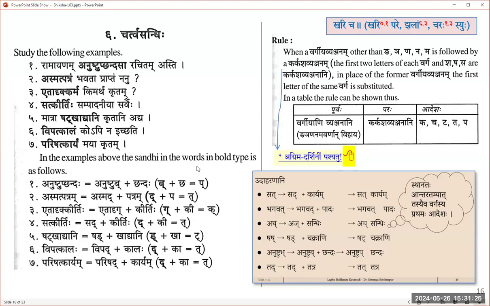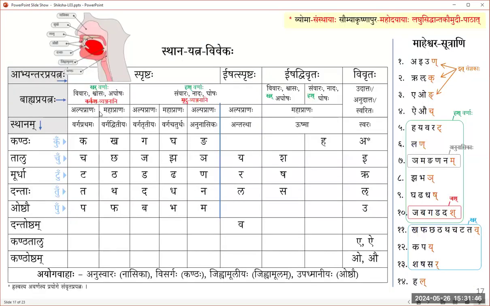In the examples above, in all the sandhi we have seen, everywhere the jastva version is used. So when a vargiya vyanjanam other than na, nya, ana, na, ma. Okay, this is varga panchama, right? So a vargiya vyanjanam other than varga panchama is followed by a karkasha vyanjanam. Karkasha vyanjanas are ka, kha, cha, chha, ta, tha, ta, tha, pa, pha.